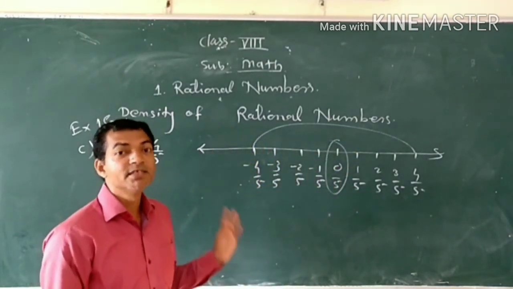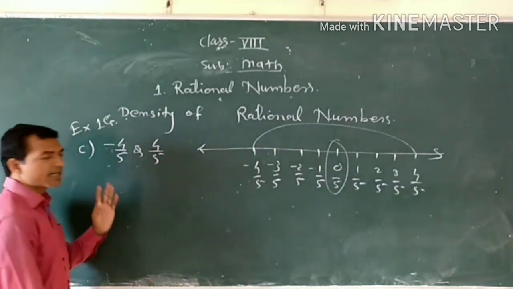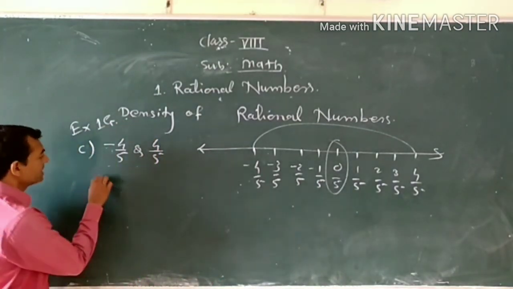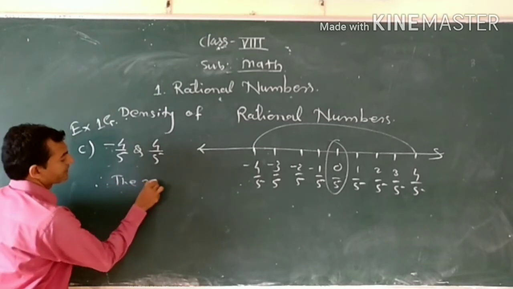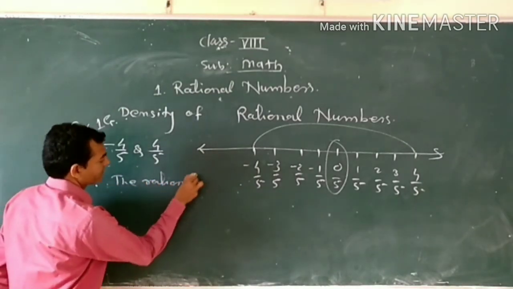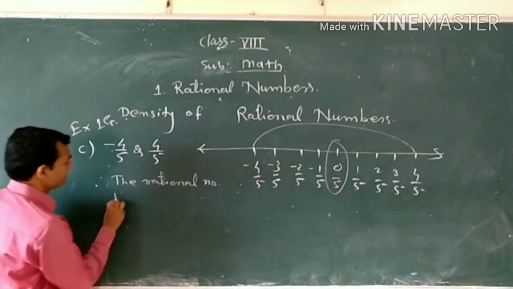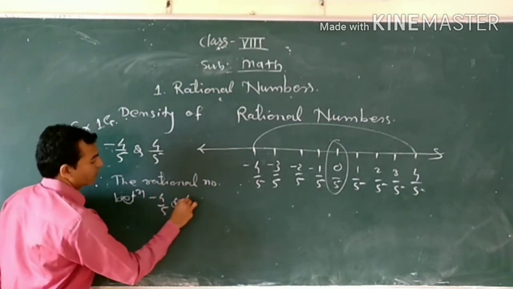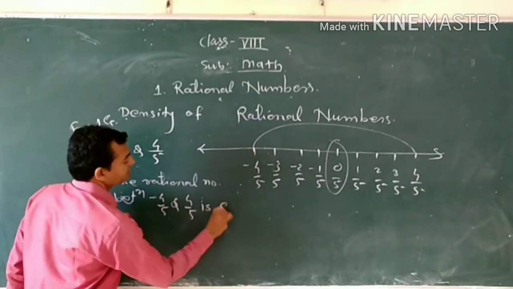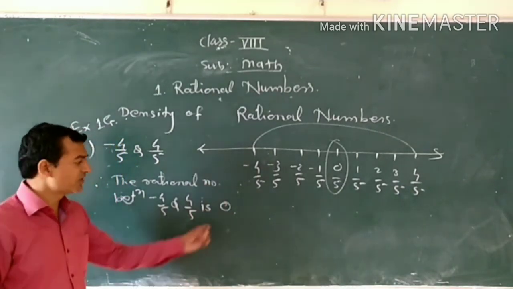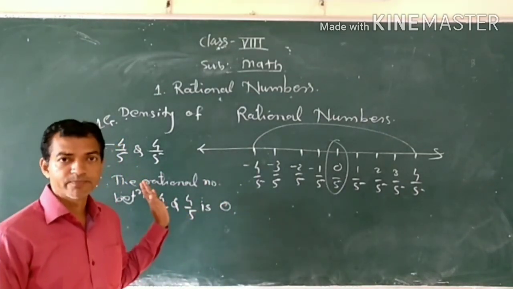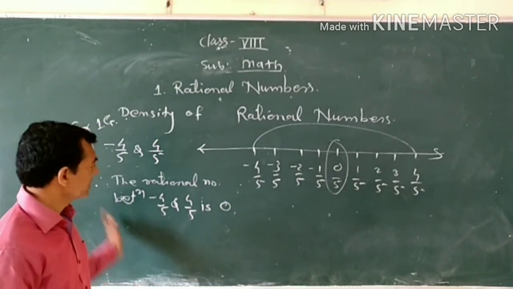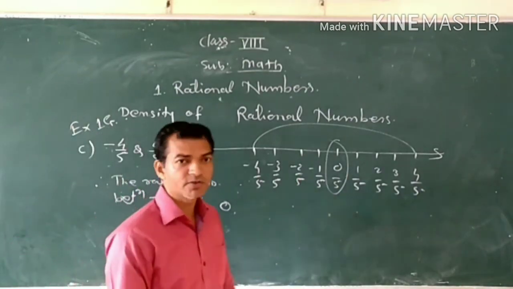So you can write directly that the rational number between minus 4 by 5 and 4 by 5 is 0. In this way you can write 0 by 5 or simply 0. Understood this? So write down. You can draw this one also.